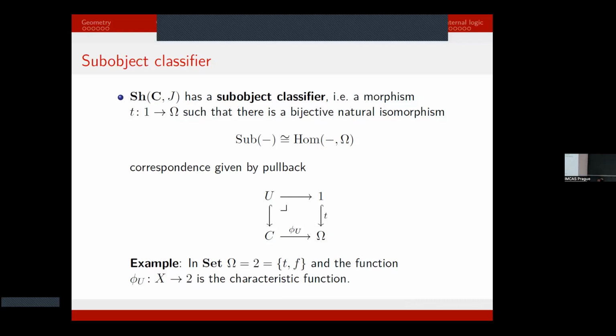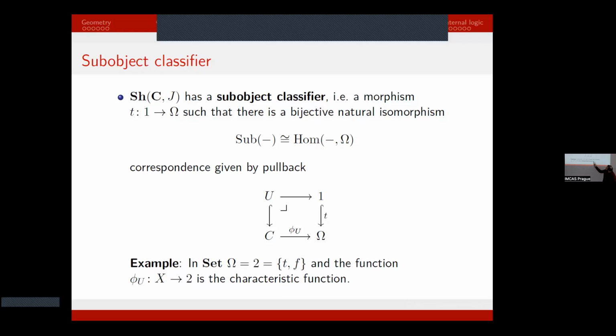How do we interpret this? If we look at the category of sets, which is a Grothendieck topos, it has a subobject classifier. The omega is 2, and the subobject classifier is the T that selects one of the two elements. What does this mean?